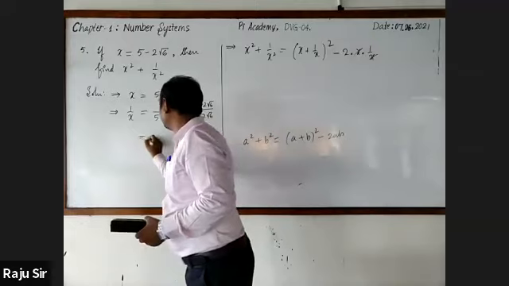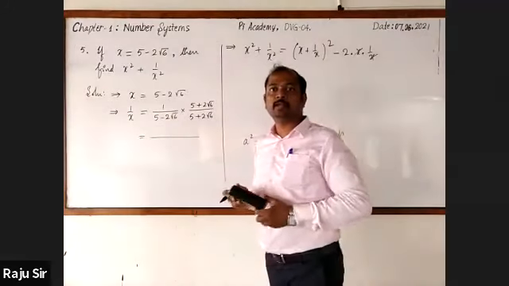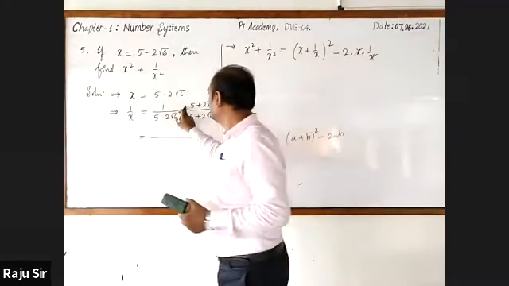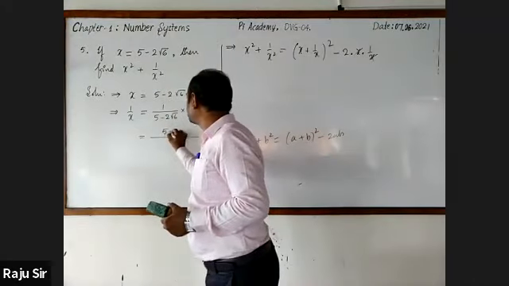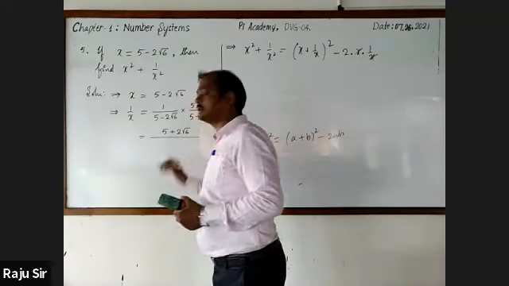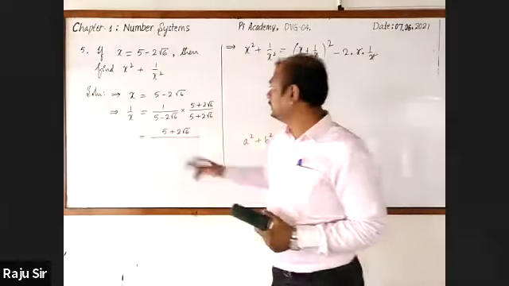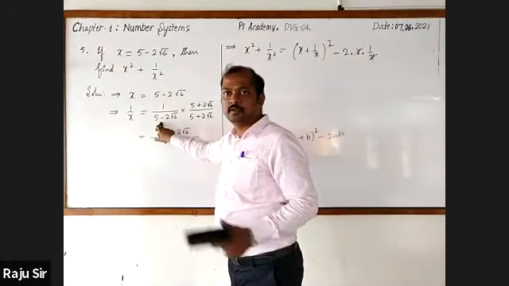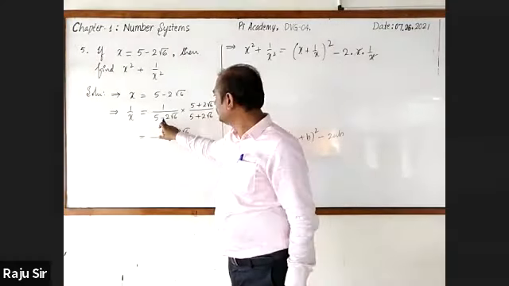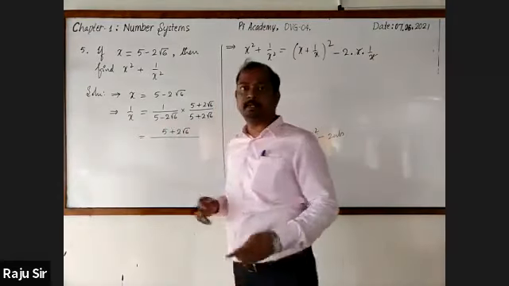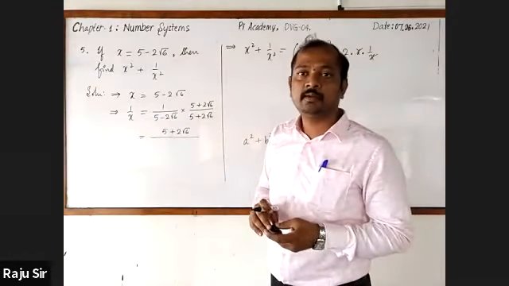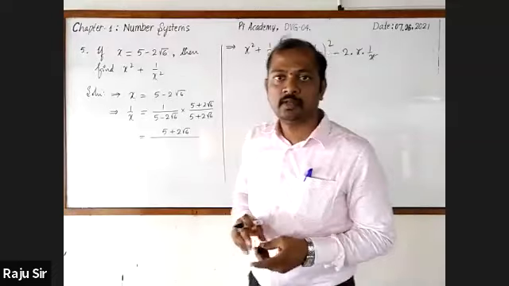Write the numerator as it is: 1 into 5 plus 2 into root 6. The denominator is of the form a minus b into a plus b, which is a square minus b square.